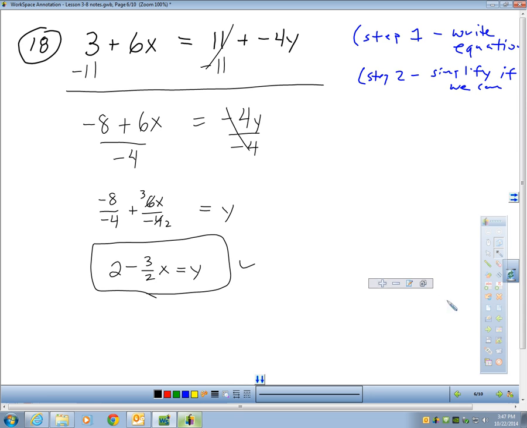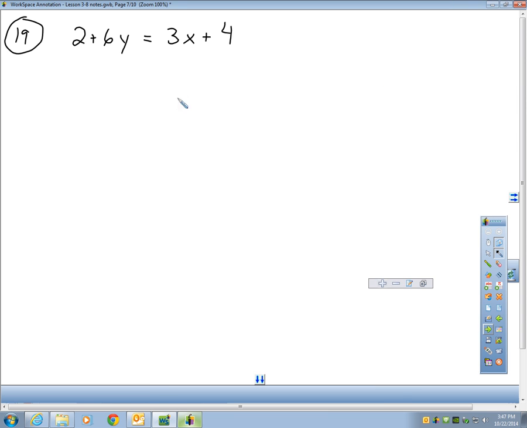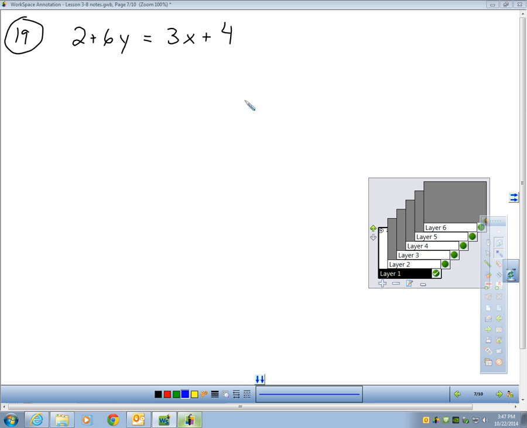Okay? So really, we're not doing anything different than we've done throughout Chapter 3. It's just our answers are not going to be whole numbers or decimal amounts. They're abstract because I have two variables in the problem. Here's one more, number 19. I want to solve for y, so let's think about my onion again.